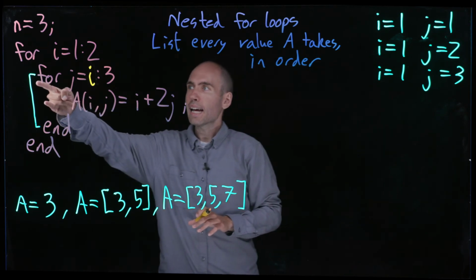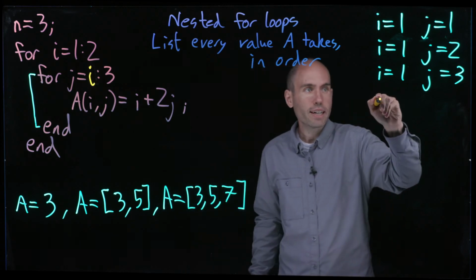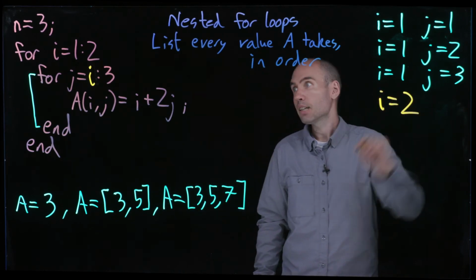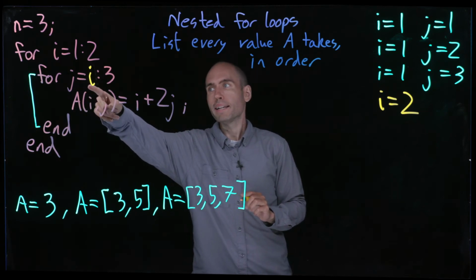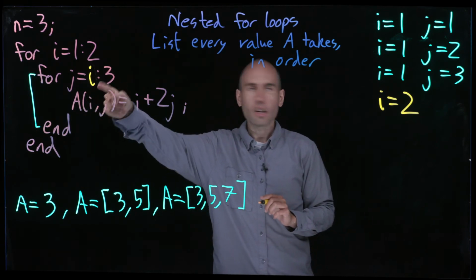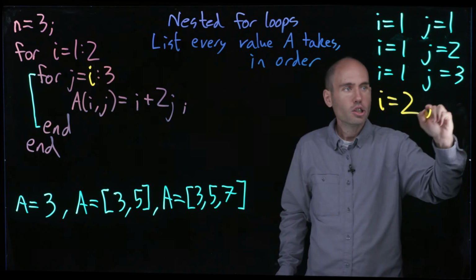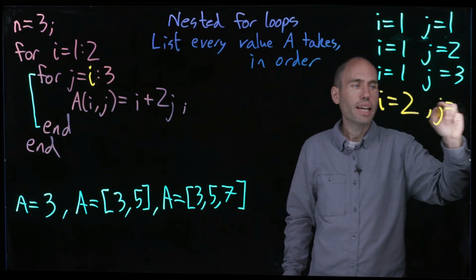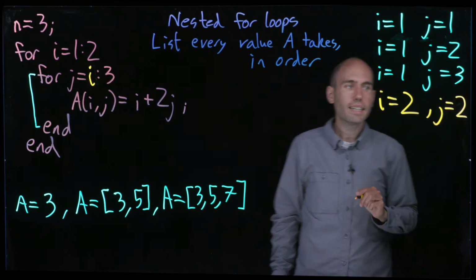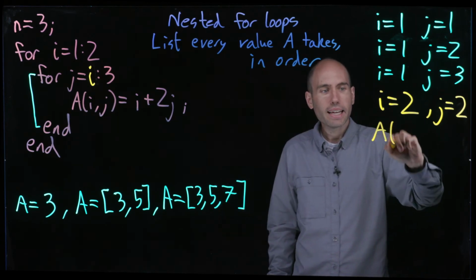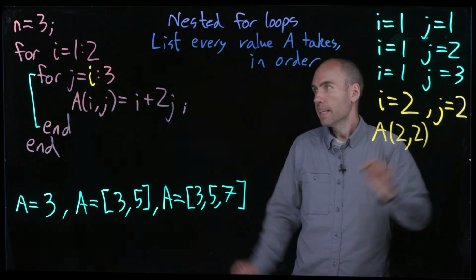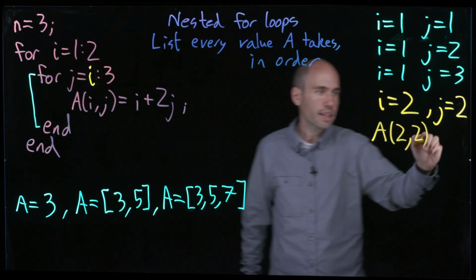But now the second time through the for loop, something different happens. I have i equals 2, and now j cannot equal 1. j starts at whatever i is, so it starts at 2. I skipped j equals 1, and I go straight to j equals 2. And now I have a2,2 equals 2 plus 4 equals 6.